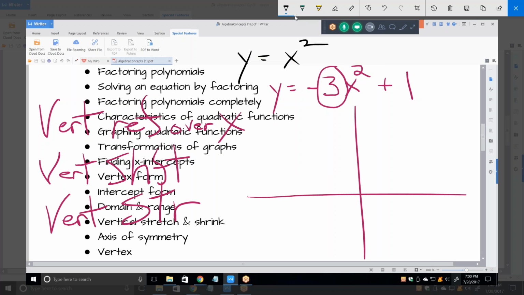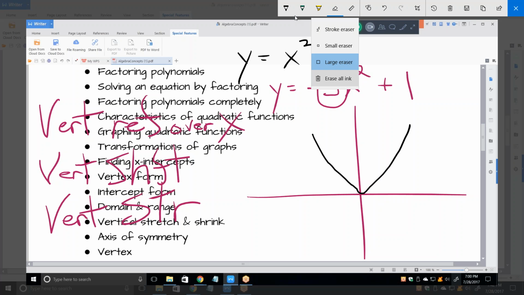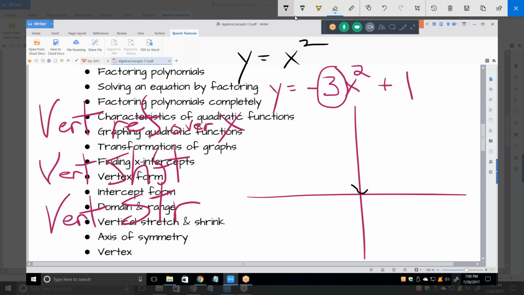Let me draw the original curve. Let me draw it a little better than that. It's supposed to be a parabola. That's y equals x squared.